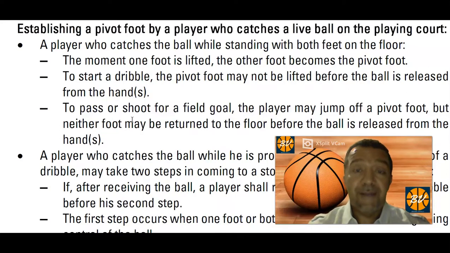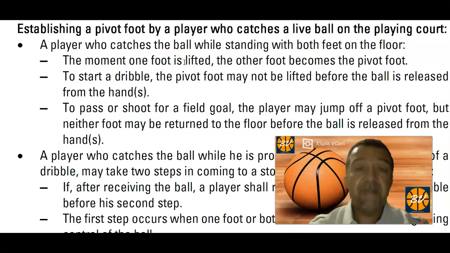So if we look at the relevant article that deals with the instance of a player who receives the ball on the court having both feet on the floor, we can immediately see, as you can see on the screen, that the player who catches the ball while standing with both feet on the floor, therefore this player is catching a live ball, the moment that player lifts one foot, the other foot becomes the pivot foot.